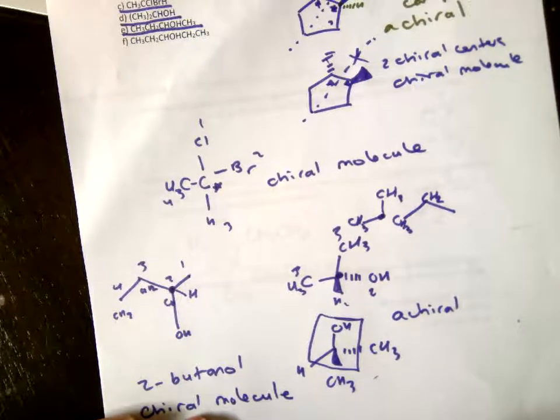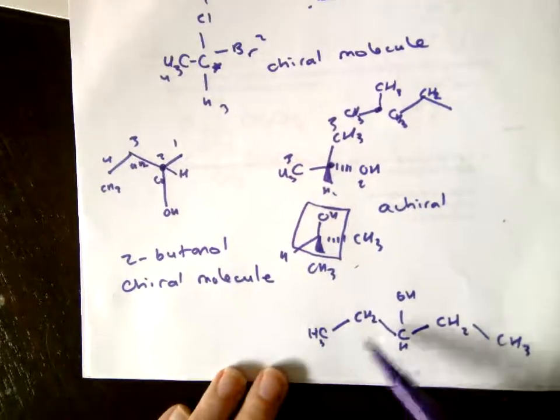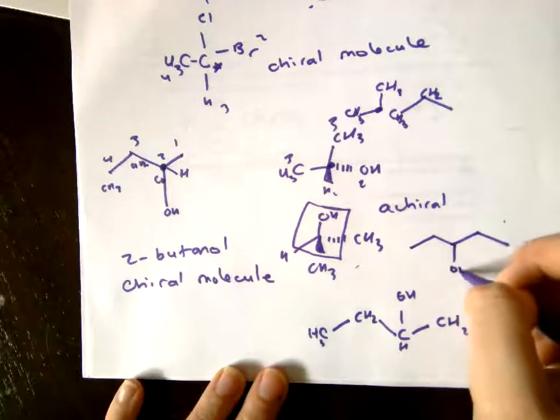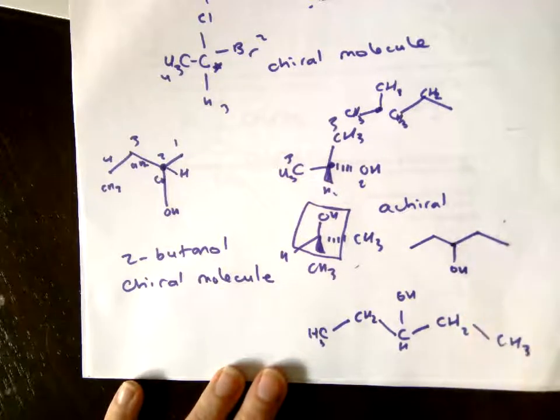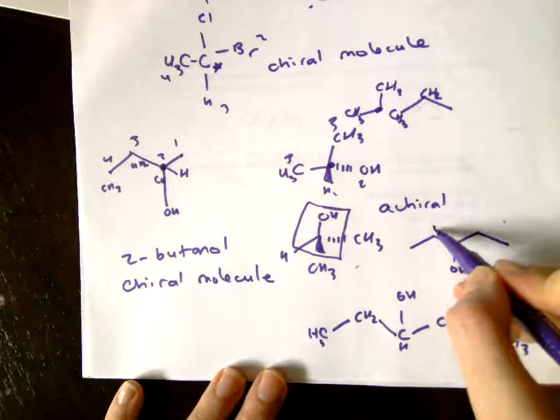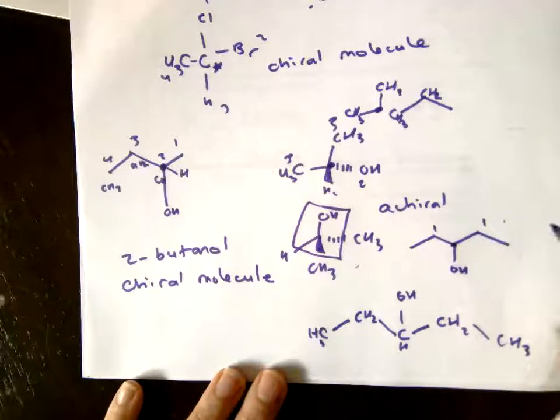Okay, CH3, CH2, this is F, CH with an OH off of it, CH2, CH3. So the reason I went ahead and drew it out just because it was easier to follow, but there's an OH right here in the middle. So I'm going to say this is not a chiral molecule because these 2 here and here are exactly the same.